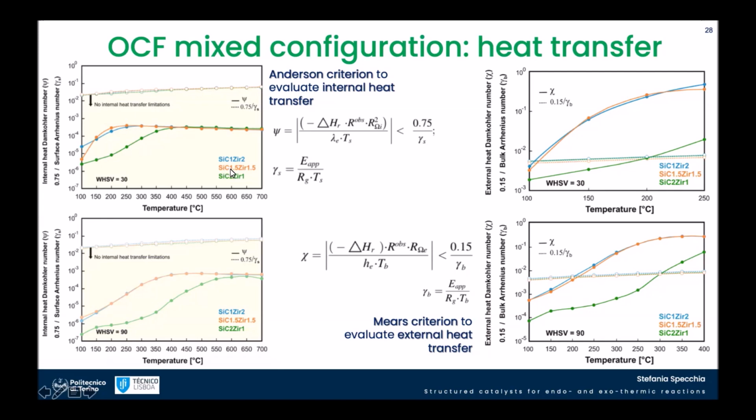The best one is the orange one, the half and half configuration, where practically we never have any internal heat transfer limitation. And here you can see the effect on the external heat transfer limitation. So the structures are behaving very, very well in terms of heat transfer properties.